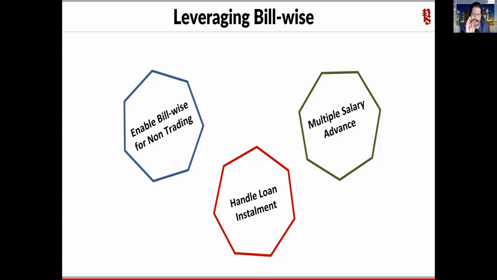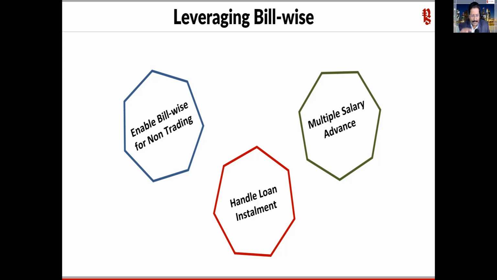You don't need to create three separate ledgers for your employee. You will just create one ledger in the name of the employee, and we will see how we can now start managing these multiple loans with the number of installments of repayment in one single ledger.